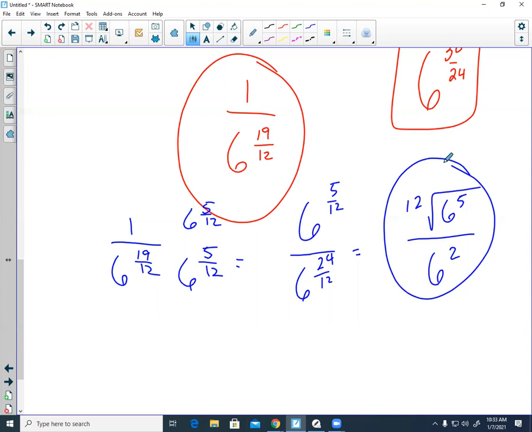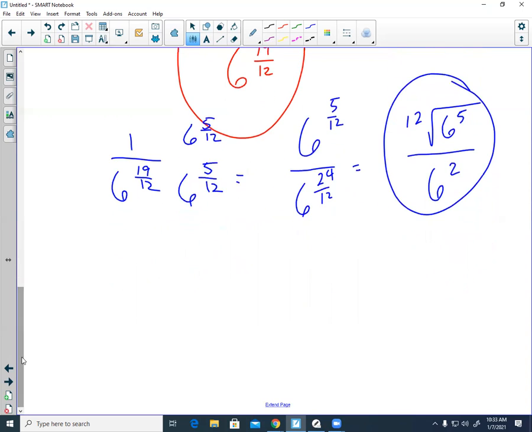In all honesty, if you write it in any form, this isn't a radical. 6 squared is 36, right? So if you want to write it as 6 to the 5 over 12 over 36, there's no issue with 36 pieces of cake, right? Yeah.